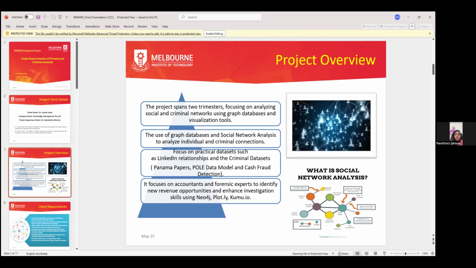Coming to the project overview, this project spans 2 trimesters, focusing on analyzing social and criminal networks using graph databases and visualization tools.